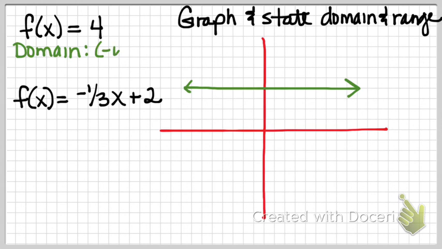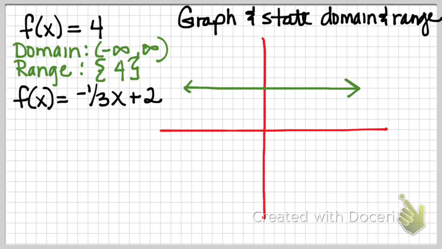So your domain is all real numbers. But your range, what is your range going to be? Yep, but it's going to have that special bracket, because that's the only y value. The only y value we have is 4.